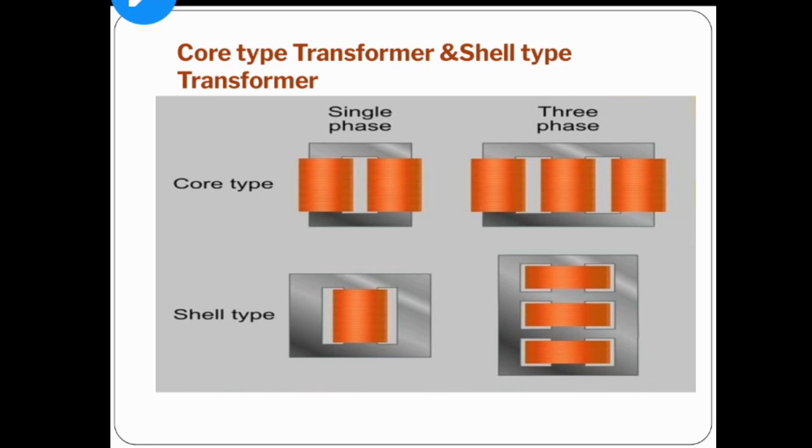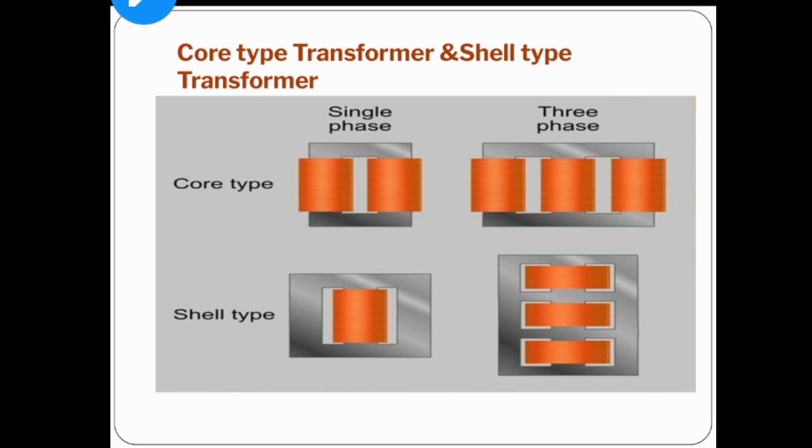The third difference is that in the first one the windings are not protected by the core, but in the second one the windings are well protected by the core because the winding is surrounded by the core.